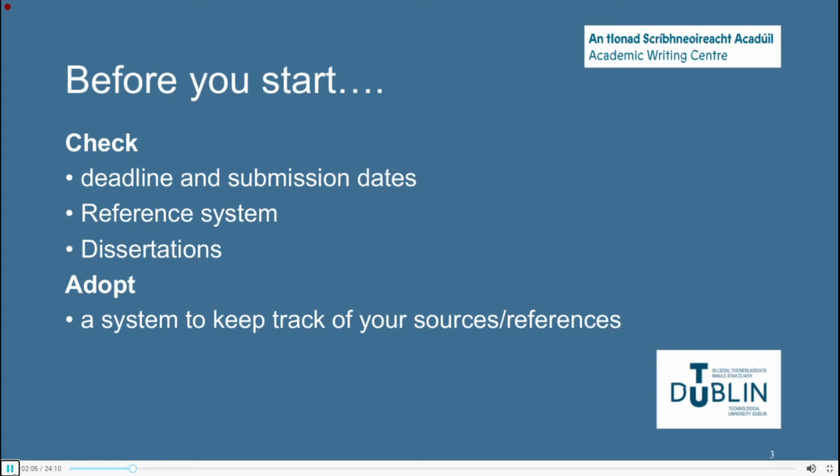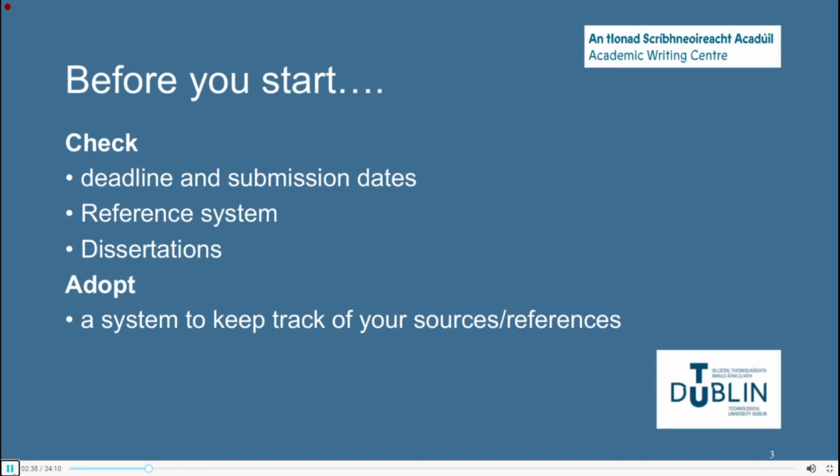First of all, you should check the deadline and submission dates so that you can organize your workload accordingly. Discuss these dates with your supervisor and arrange meetings. It's important to note as well the word count limit for your literature review, so that you can take this aspect into account when planning and structuring it.